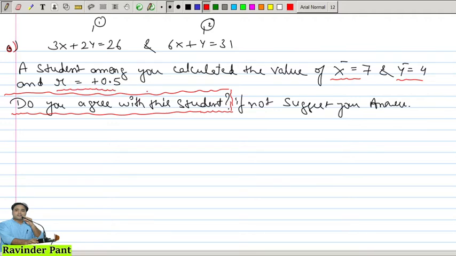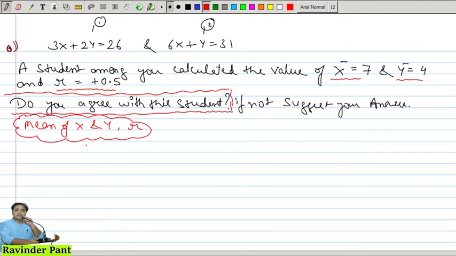So for me, the question is to calculate the mean of x and y and the correlation. Now you think that this question has become the same question as we discussed in the first part. So previously we discussed this question, and this is also the same question.